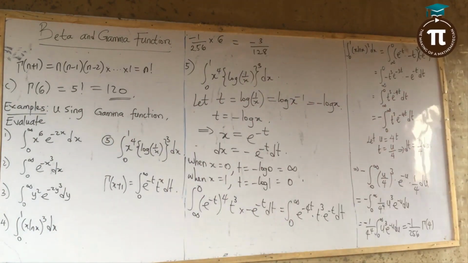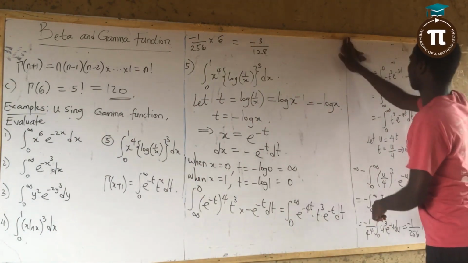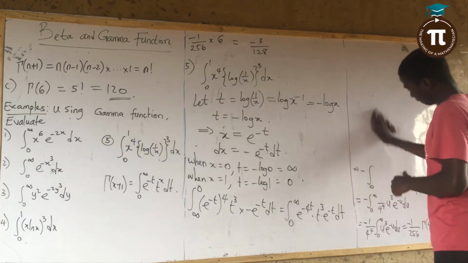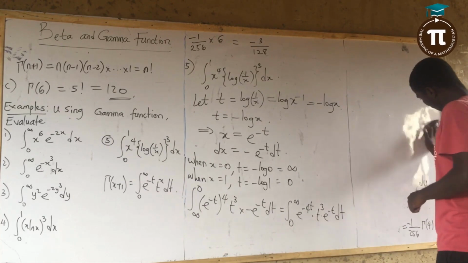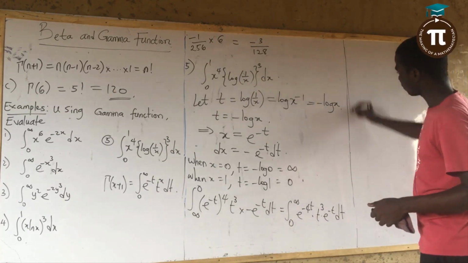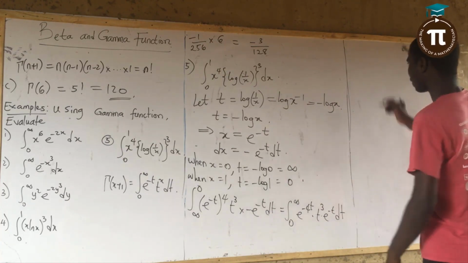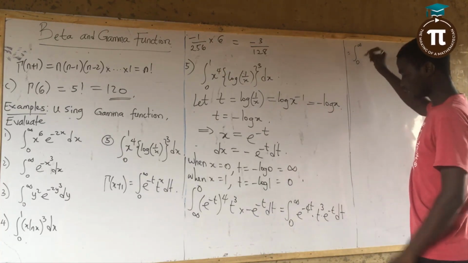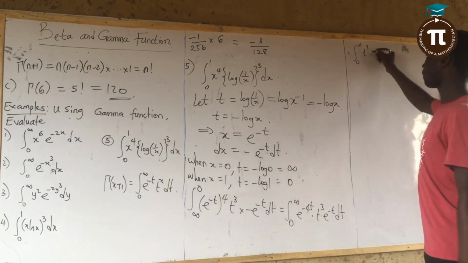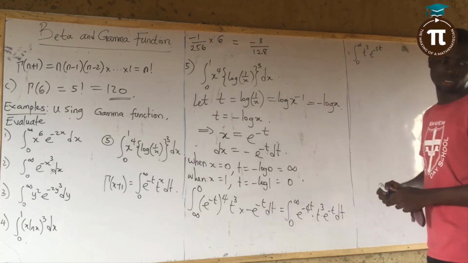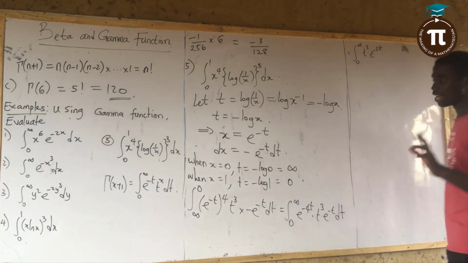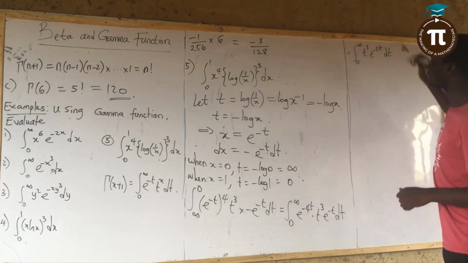So we still solve. This is the next thing that will happen. We are here, integral from 0 to infinity, t raised to power 3, e raised to power minus 5t dt.